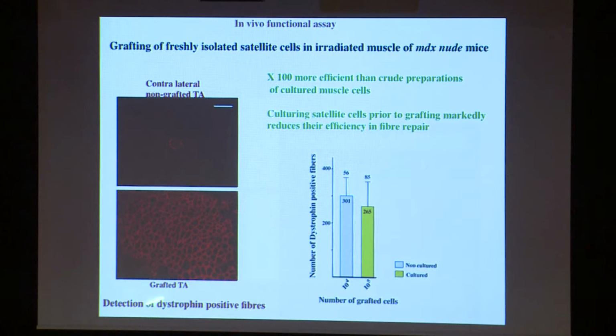But this is the grafted muscle of the dystrophin deficient mice, and one sees that the cells that we grafted after direct flow cytometry isolation have the capacity to restore very efficiently the expression of dystrophin. It was a very interesting observation, and also a functional characterization of the cells that we were able to isolate by this technique.